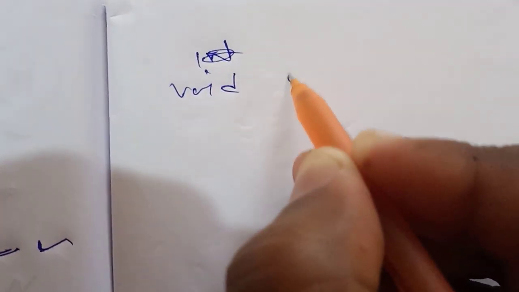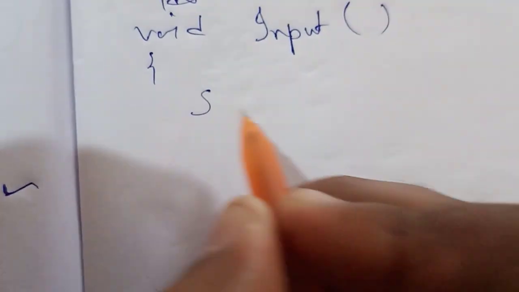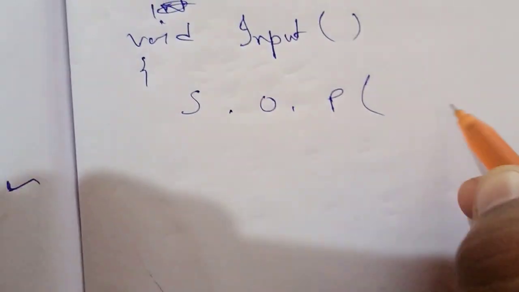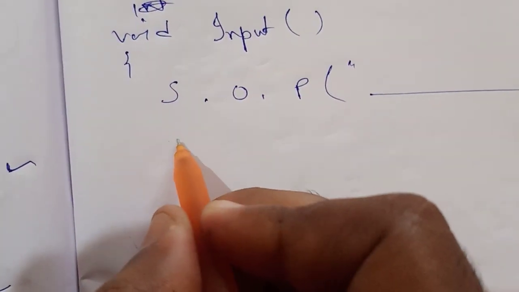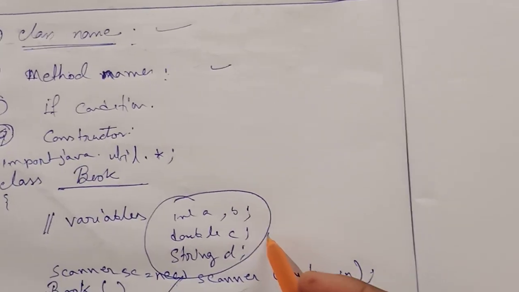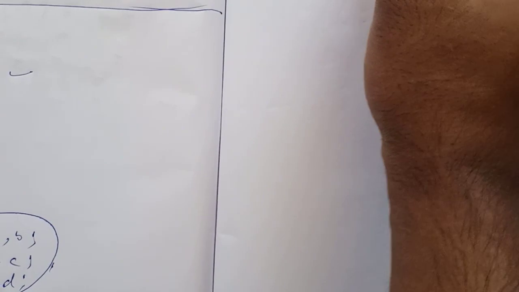Then whatever method name is present in your question paper, you use that method. Void, suppose input. You write System.out.print with your message within double quotes and take the input in a particular variable which is present in your question paper. So suppose I am taking a, b, c, d according to this one. Input taken.